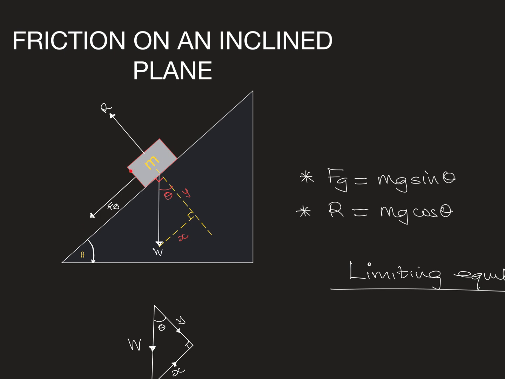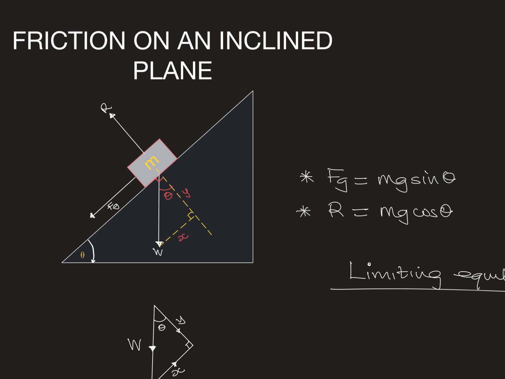Okay, so this object that is currently at rest, if it is about to slide down the plane, we're going to have a force, okay, that is going to act in the opposite direction, known as the frictional force. Remember, we've said that friction will always act in the opposite direction to the direction of motion. So if this object is to slide down the plane, friction is going to act in the opposite direction.